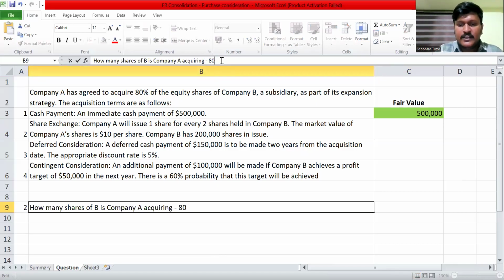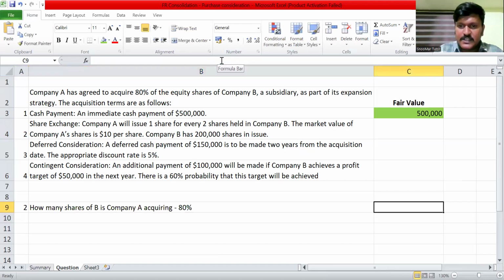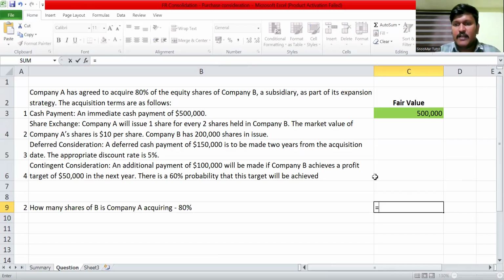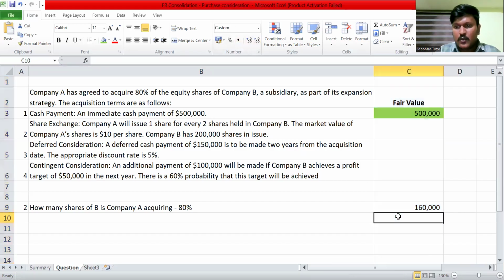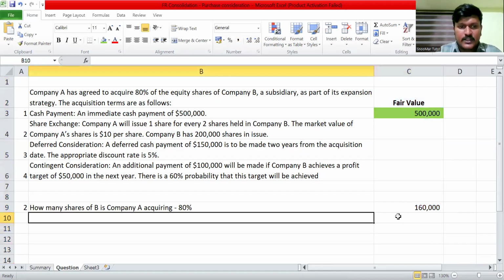So we need to get 80% of the total holding. 200,000 shares are there in company B. Out of that, I am going to acquire 80%. So 200,000 multiplied by 80%. So I am going to acquire 160,000 shares over here.